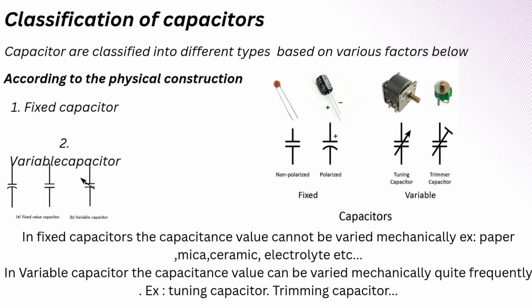Examples of fixed capacitors are paper, mica, ceramic, electrolytic, etc. Variable capacitor means the capacitance value may be varied. Examples of variable capacitors are the tuning capacitor and the trimming capacitor. Here you can see the real images and circuit symbols of fixed and variable capacitors.